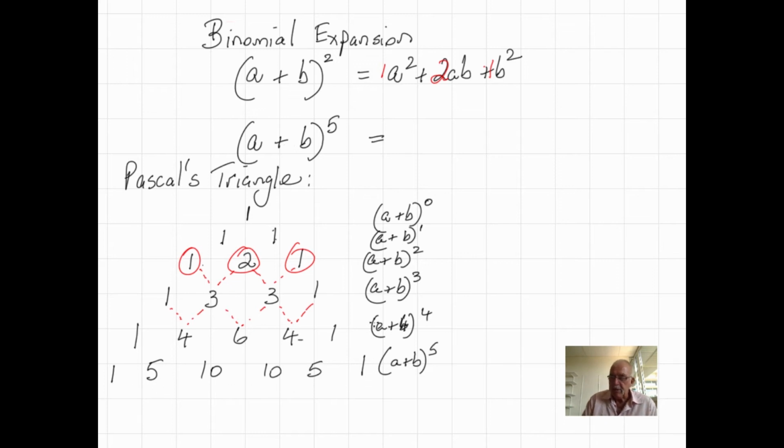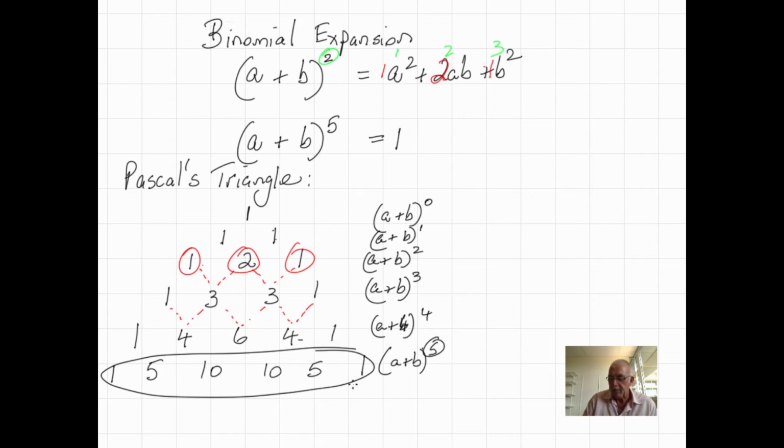these are the coefficients. Now, first of all, you know that if we've got to the power of 2, we've got 1, 2, 3 terms. So the number of terms is always one more than the power. Because we've got to the power of 5, we're going to have 6 terms here.